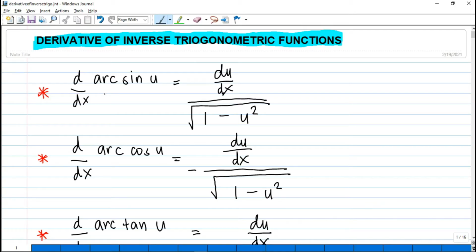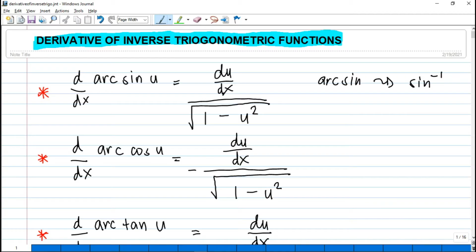So here, guys, is the derivative of arcsine u. Our notation for an inverse trigonometric function is arc. For sine, the arcsine notation can also be expressed as sine with a negative 1 exponent, but it is not read as an exponent, it's read as arc. So when there is a negative 1 on our trigonometric function symbol, it's called an inverse trigonometric function.